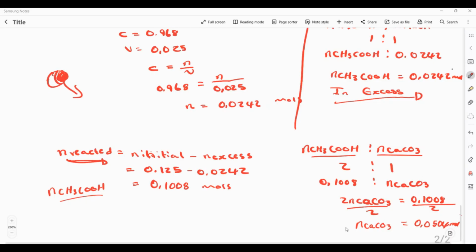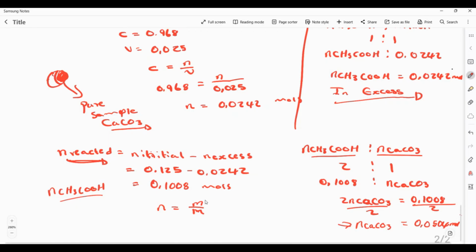So this number of moles is for the pure sample of CaCO3. That's why I'm going to find the mass, and that mass is the pure mass of our sample. So n is equal to m over M.